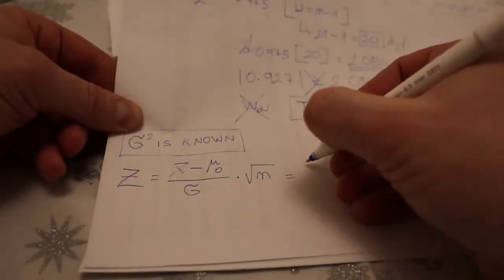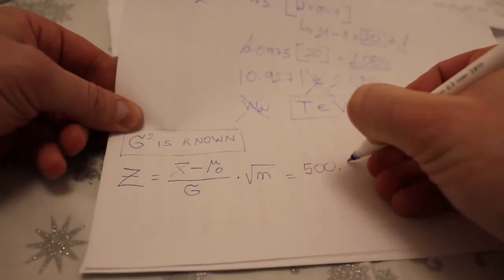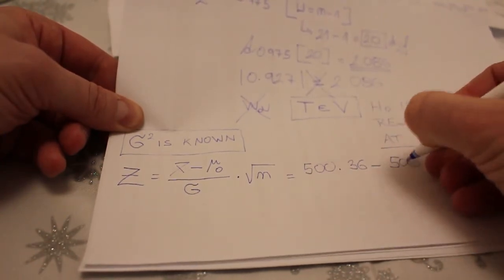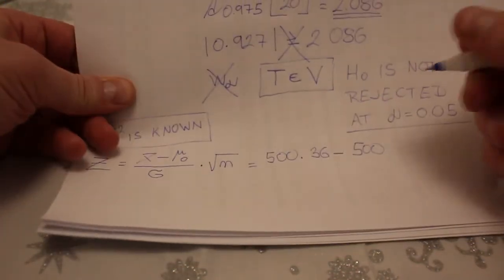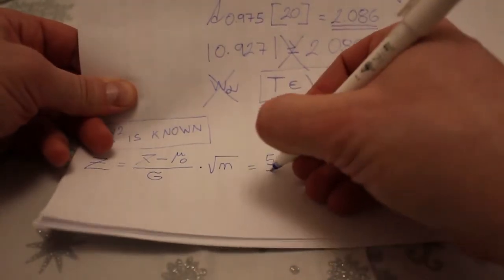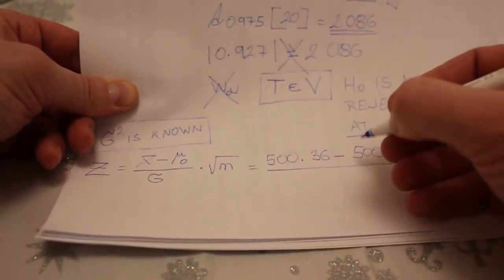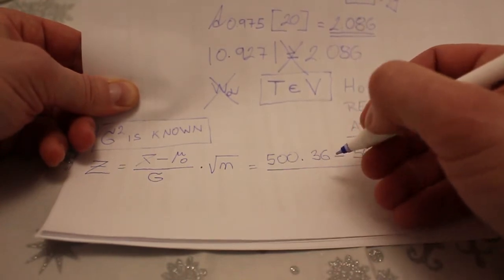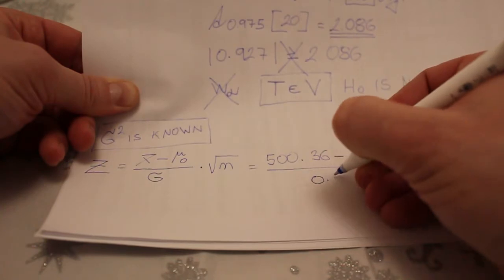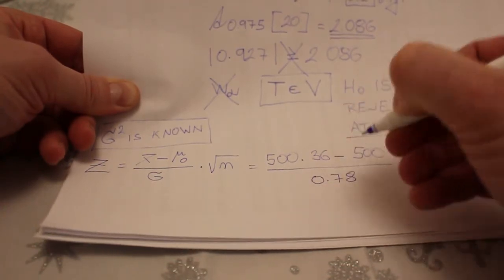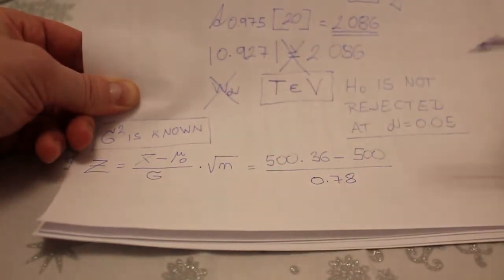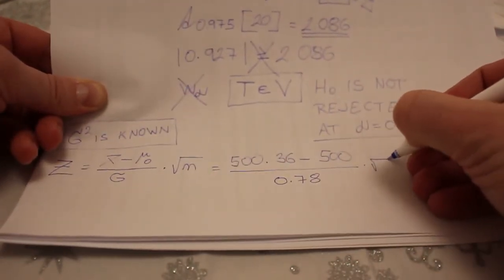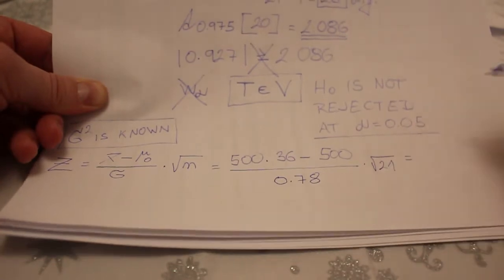So again, 500.36 minus 500, the statement from the null hypothesis, divided by the known standard deviation 0.78, sigma, without squares, times the square root of 21 bottles.